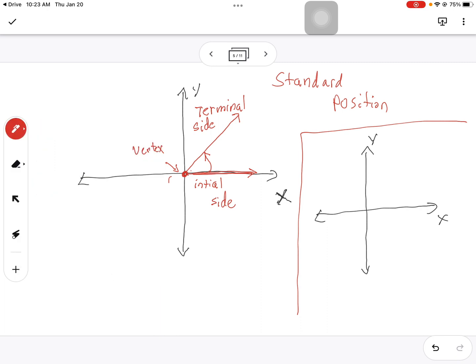So that's a vertex at the center with the initial side on the x-axis. And we talk about the directions of an angle because I can turn two directions. I can turn counterclockwise, and that's turning up like this. We call that the positive direction. This is the positive direction of an angle.